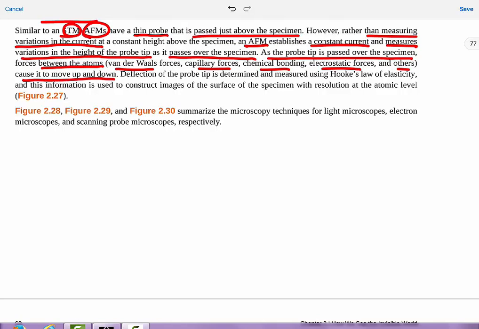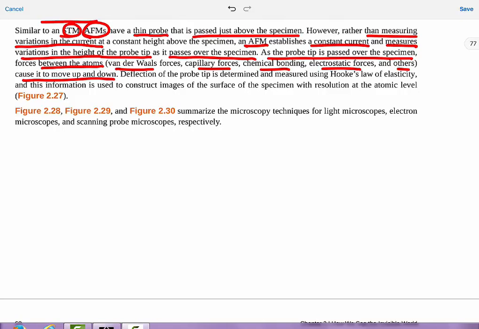down. So remember the STM, you have the probe that's going at the same height across the specimen, sending voltage to measure the currents as it goes across. In this case, we have a constant current, rather than measuring the currents, and it's measuring the variations in the height of the probe tip as it goes over the specimen.